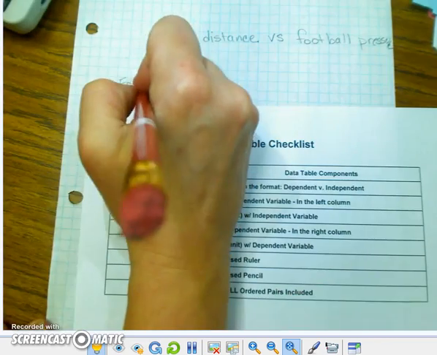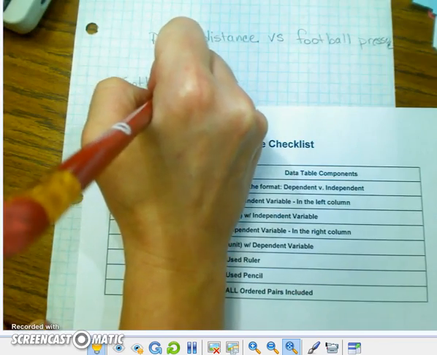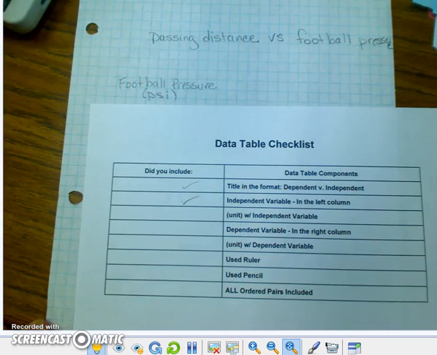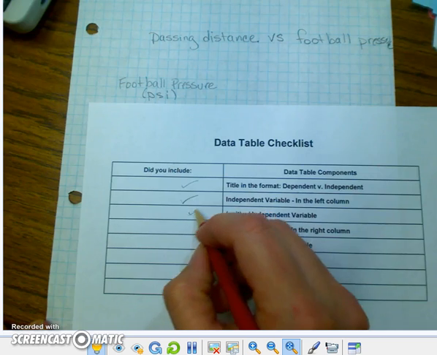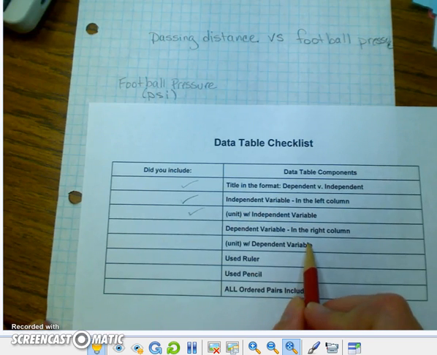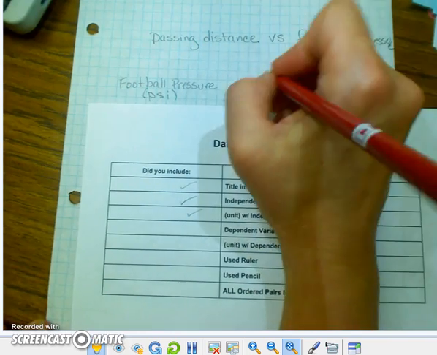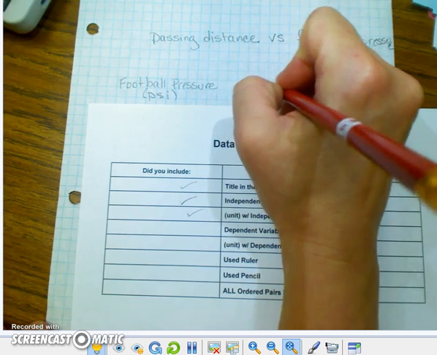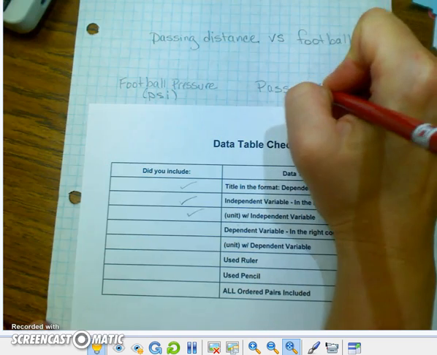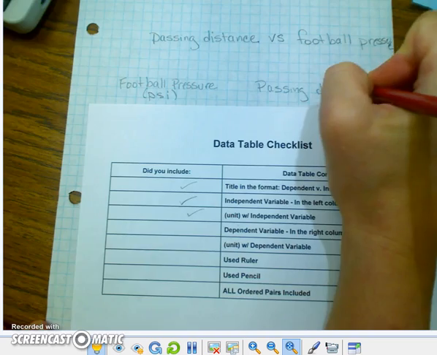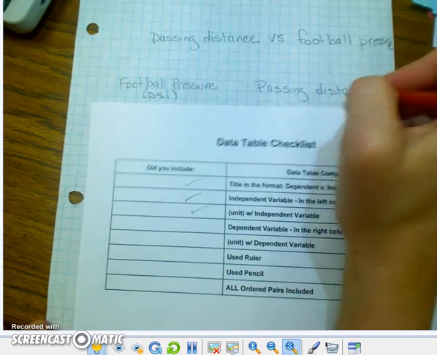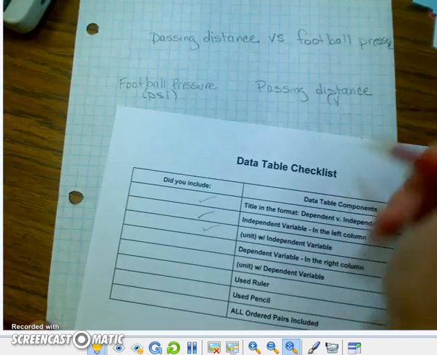So that is PSI. The next one is, so I got that. My dependent variable is in the right-hand column. Well, really the dependent variable is the passing distance. And that is measured in yards. Oops.